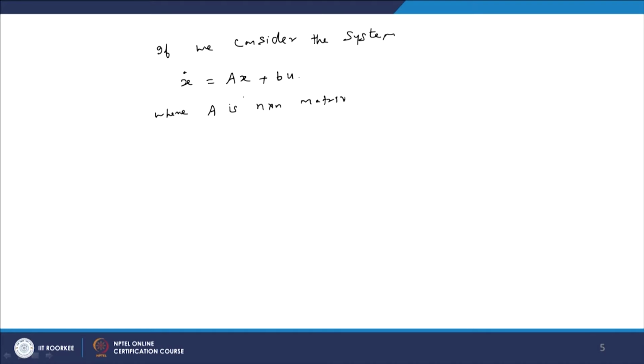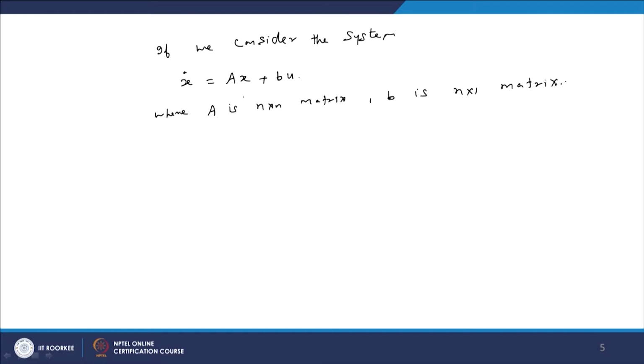So, now we will come to the general theorem. The question is, if we consider a general system of the form x dot, dx by dt, equal to Ax plus Bu, where A is any n cross n matrix and B is n cross 1 matrix, it may not be in the companion form.